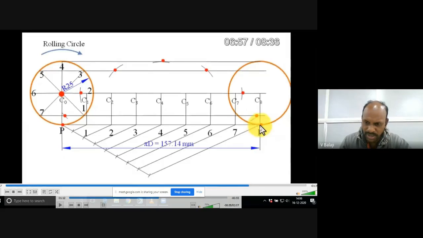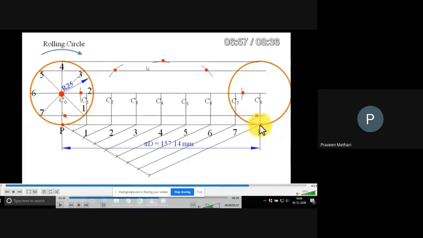And P and P is the straight path on which the circle is rolling without slipping, and these points are the various positions of the capital P, which is fixed to the wheel initially.